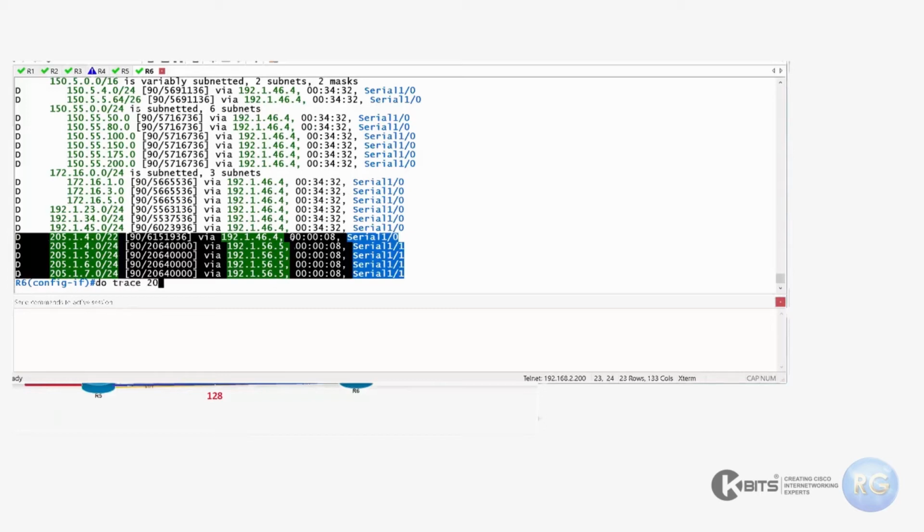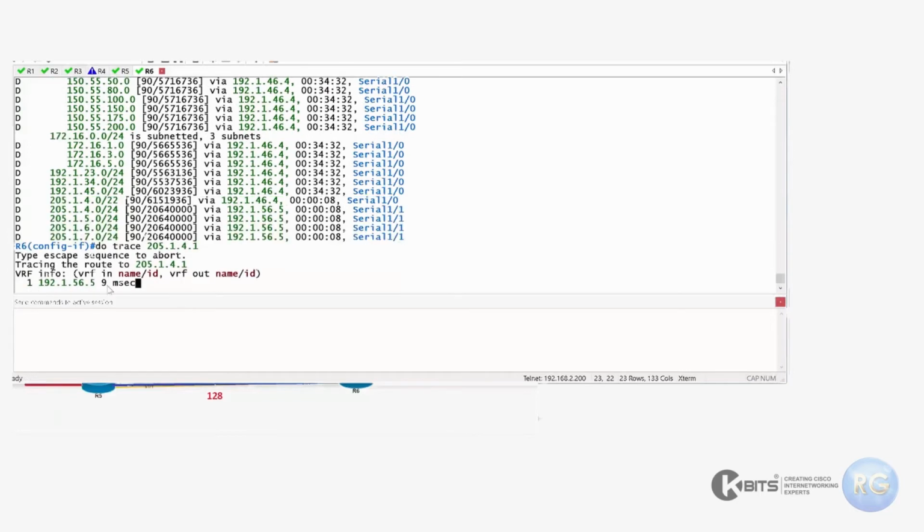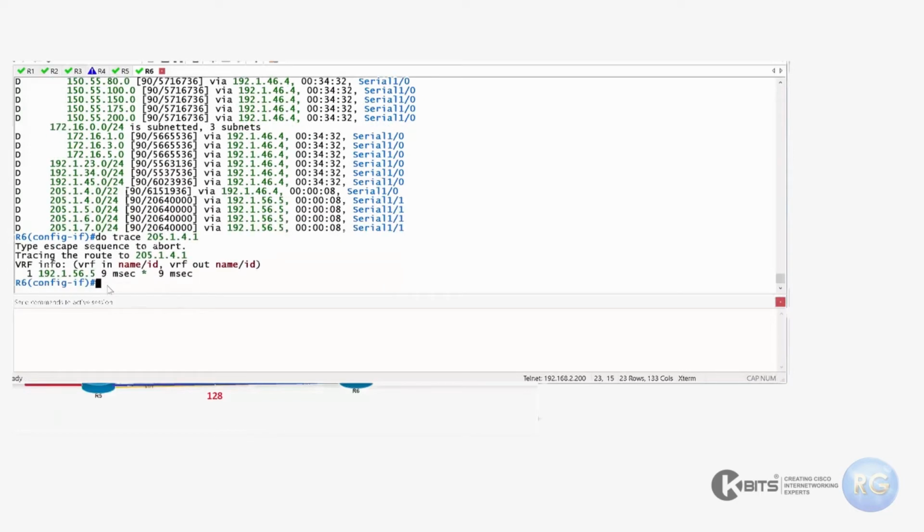So if I do a traceroute to 205.1.4.1, it is going direct. Why? Because of the longest match. Understood? Everybody okay with that? Do you guys understand that?